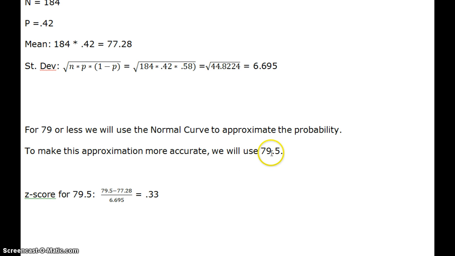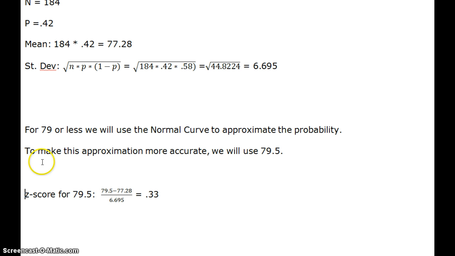We go up by a half to 79.5 rather than down by a half, because 79.5 or less includes 79 or less, and that's what we were originally trying to find. If you had gone down by half to 78.5, well, 78.5 or less leaves 79 out, so you don't want to make the half step that way.